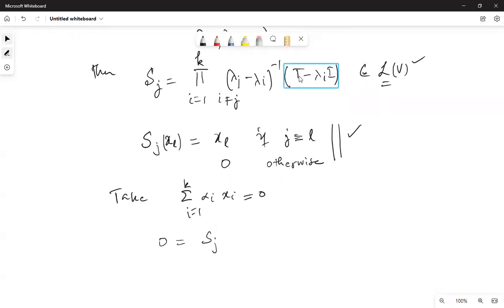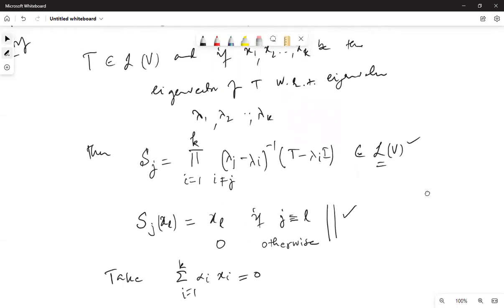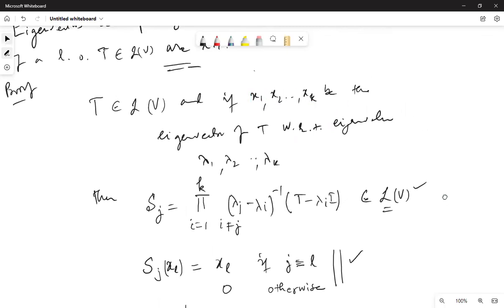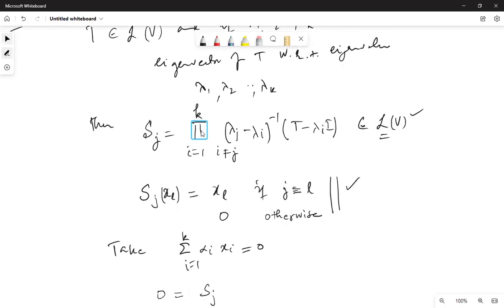So here what is left? Lambda l minus lambda i. Now I don't put any restriction on l; l is any of 1 to k. As i would be equal to l, that would make this 0, Sj 0.